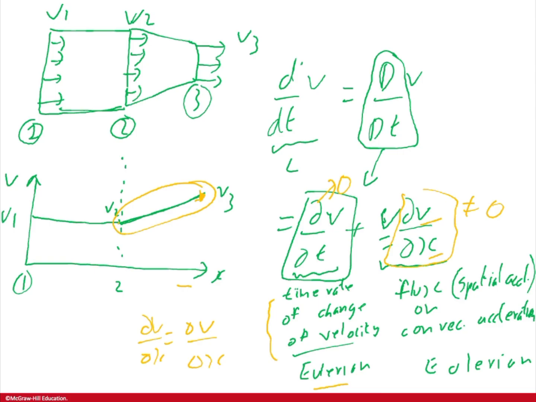So keep that in mind, so that you make the distinction between velocity changing with space and velocity changing with respect to time. Okay. So as we talked previously, you just need to have a basic top level understanding of this material derivative.